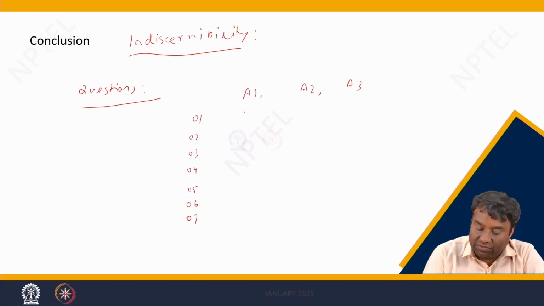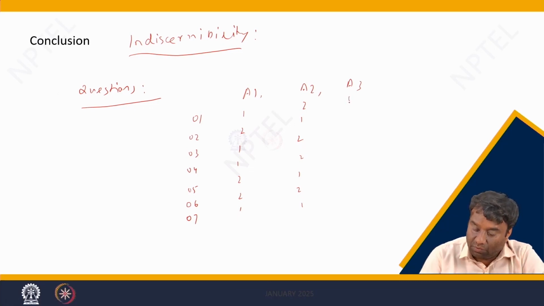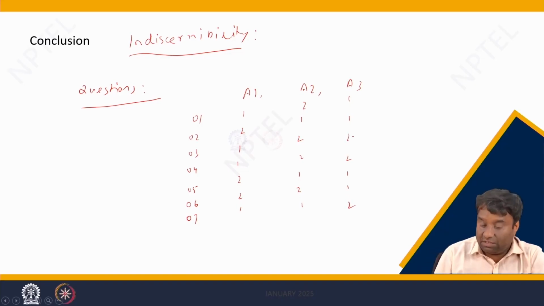Suppose values are something like 1, 2, 1, 1, 2, 2, 1, then 2, 1, 2, 2, 1, 2, 1. Here you can also write 1, 1, 2, 2, 1, 1, 2. So these are some values.